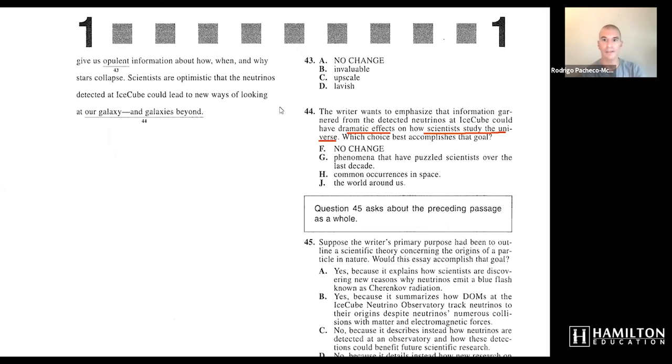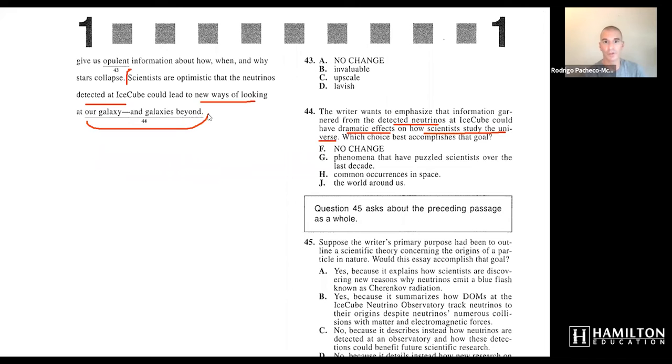If we look at the no change answer, I'm going to read the full sentence here for context. So scientists are optimistic that the neutrinos detected at IceCube, so we already have this part of the question, could lead to new ways, dramatic effects, of looking at, and with F no change, we have our galaxy and galaxies beyond.